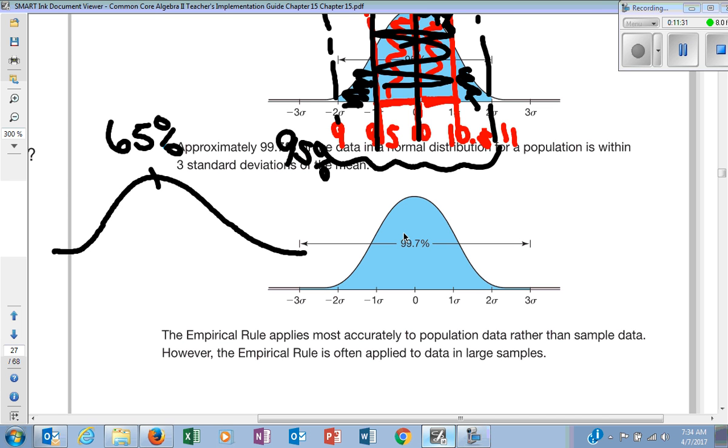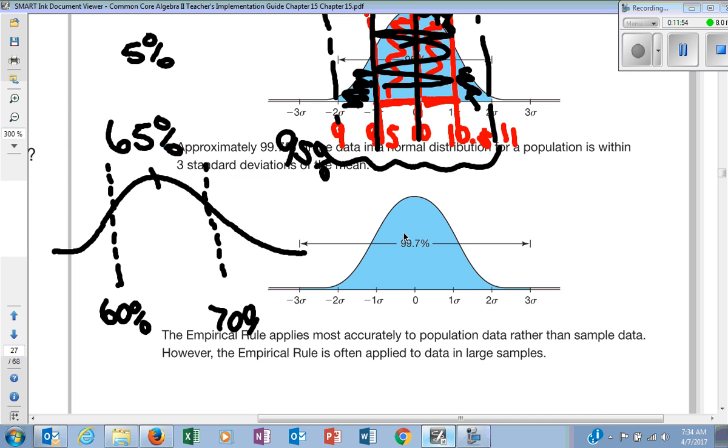You following me? And the normal standard deviation is 5%. You with me? What does that mean? What percentage would be my standard deviation below? 60. What would be my standard deviation above? And what does that mean for me?